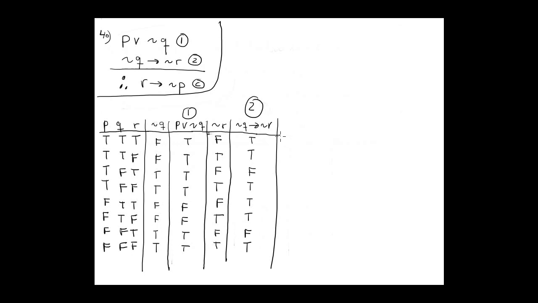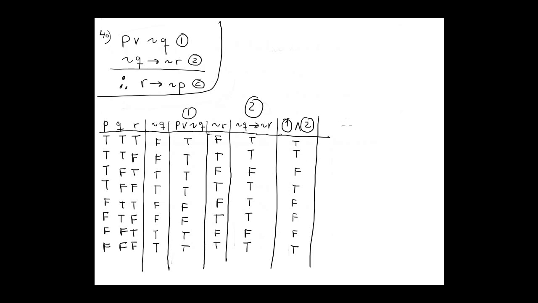Okay. After that, the conjunction, premise 1 and premise 2. This column and this column: true, true, false, true, false, false, false, and the last is true. Okay, perfect.